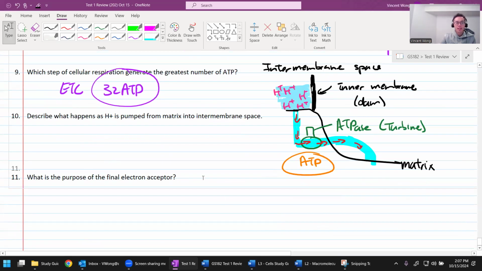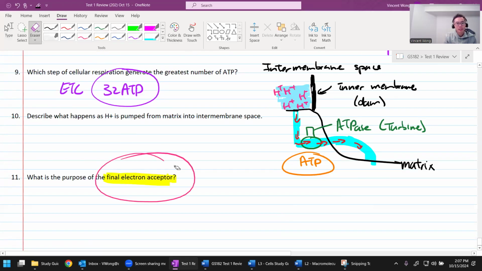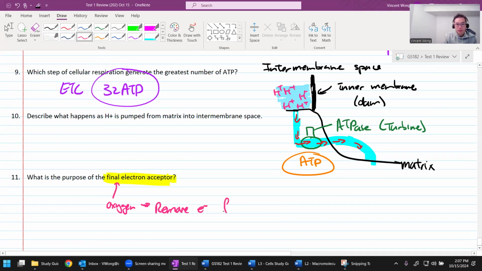What is the purpose of the final electron acceptor? Anybody remember what the final electron acceptor is? We wrote it down a little bit ago, but just wondering. Oxygen. That's right. The purpose of oxygen is to remove electrons from the ETC so that the electron flow can continue.